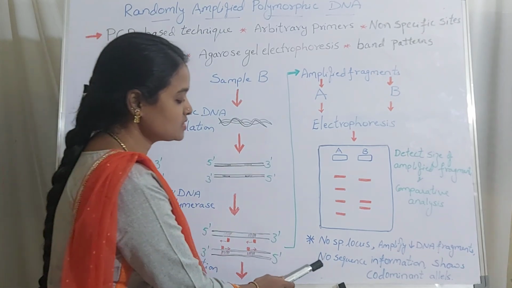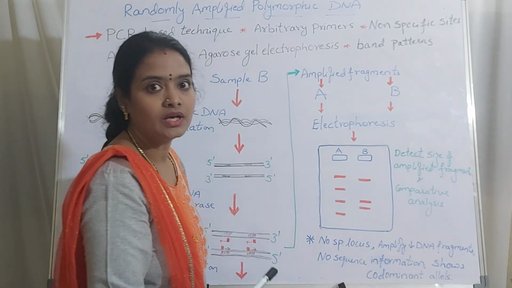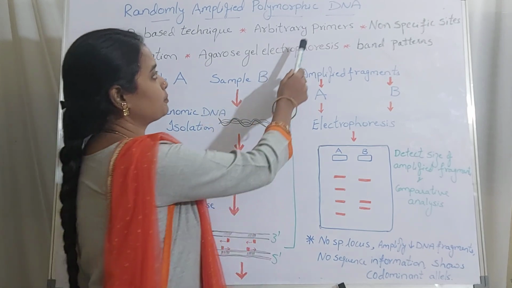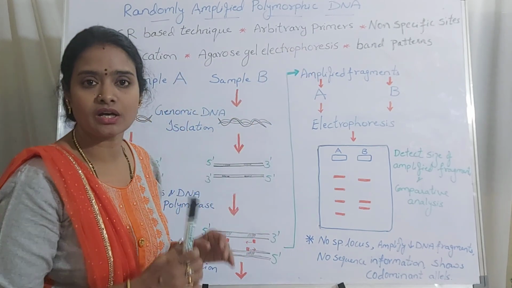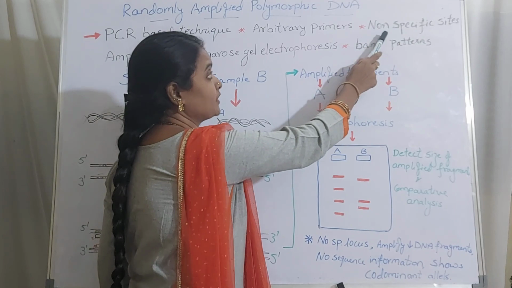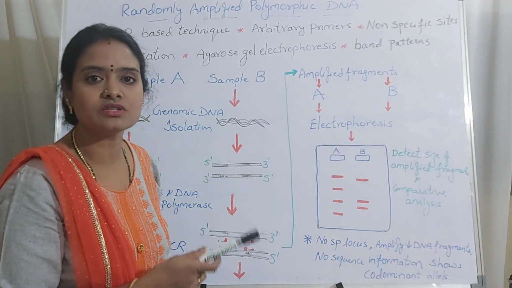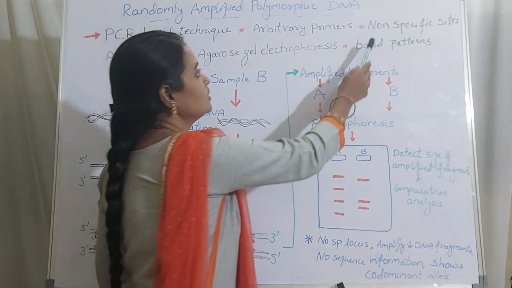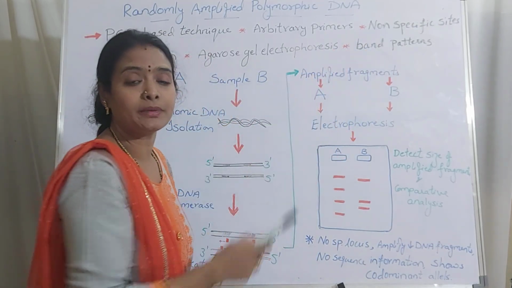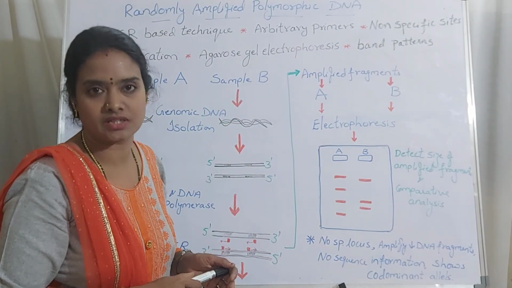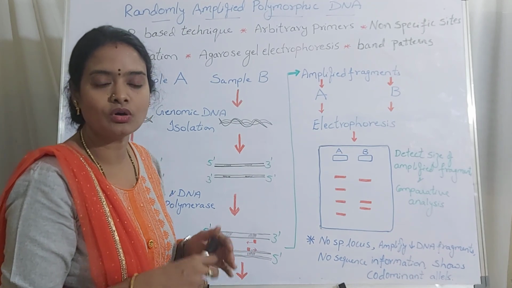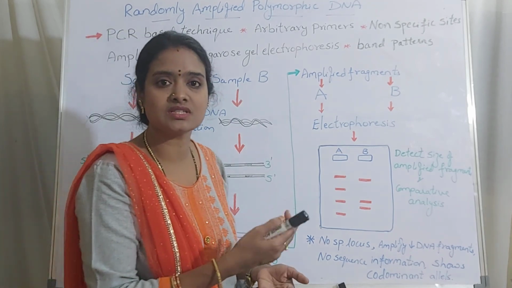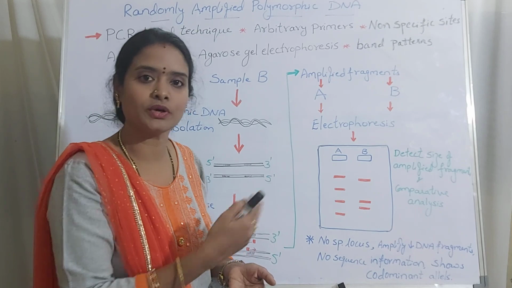The next one is no sequence information. That means we are preparing the primers as such. We are not preparing them specific to the site. If you are going to produce the primer specific to a certain site, then you must know the genome or gene mapping of that particular genomic DNA. Isn't it? You have to know what are the genes present, what is the site to which you are going to produce the primer.